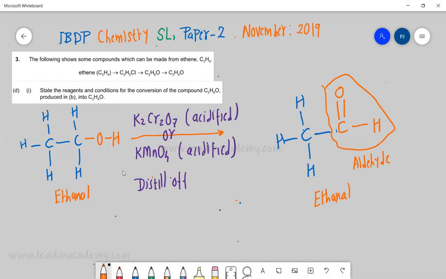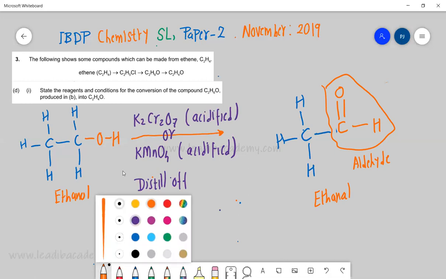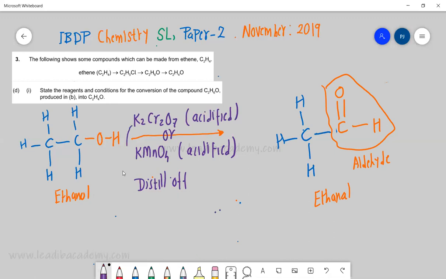And so what were the reagents? Reagents were potassium dichromate or KMnO4. If you want to write it in a different way, you can write it in the ionic form, like Cr2O7 2 minus or MnO4 minus.